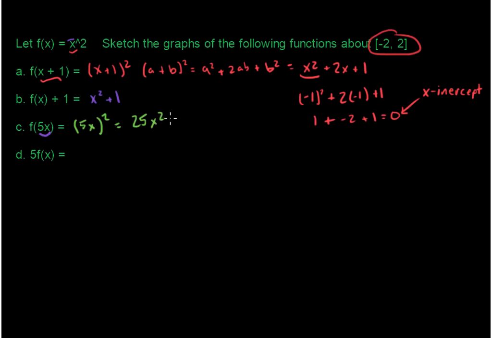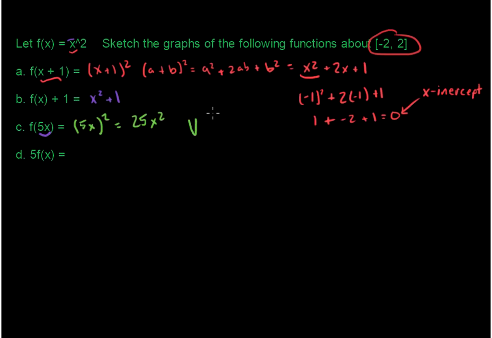When you're graphing this, again, just look at this x squared. It's going to be a regular parabola centered at the origin, but this 25 is actually going to compress your parabola, so it's going to be a really skinny parabola.